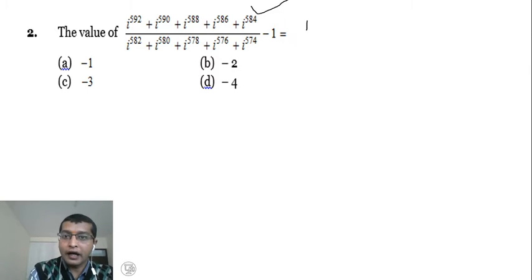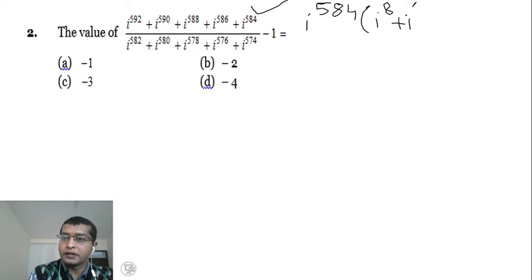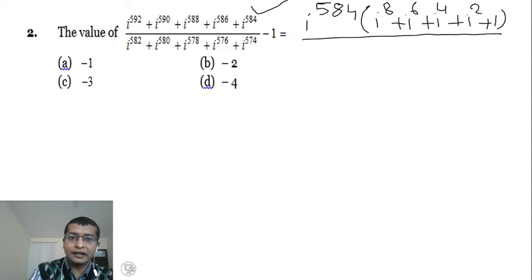So I am going to take i raised to 584 as common. If you take that common, we get i raised to 8 plus i raised to 6, next i raised to 4 plus i square plus 1, whole divided by, here the least value is i raised to 574.